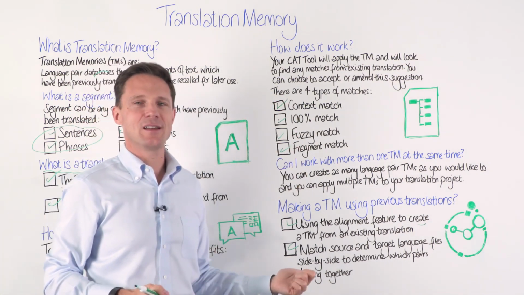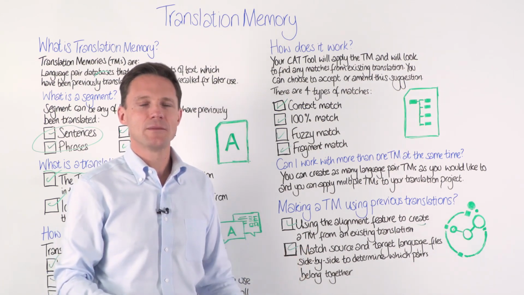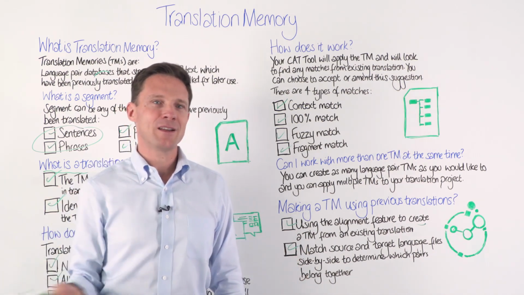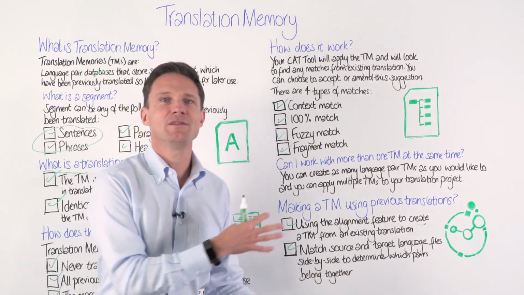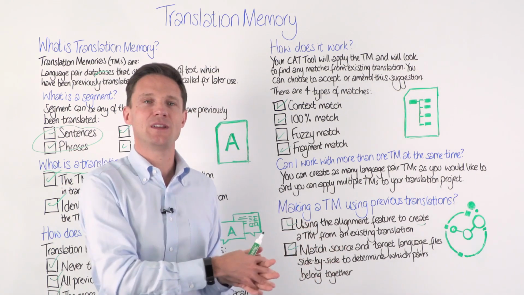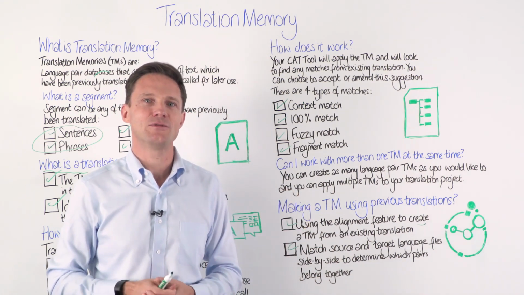One of the nice things about translation memory is that even if you're starting from scratch, you build it pretty quickly as soon as you start doing your first translation, or you could even import what you've done before. So you create this asset that is going to last you for the future.